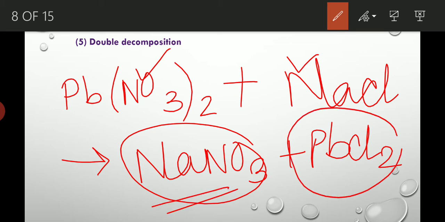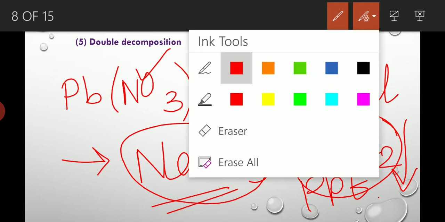But lead chloride is another salt which is insoluble. It will give a precipitate, a white PPT. So in this method, two solutions of soluble salts give rise to one soluble salt and one precipitate of insoluble salt. Let's take another example.